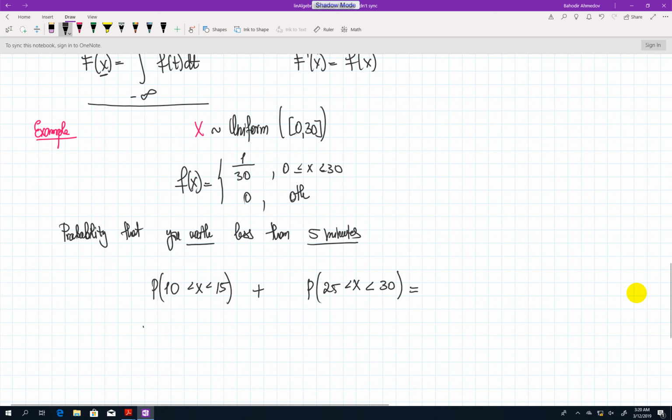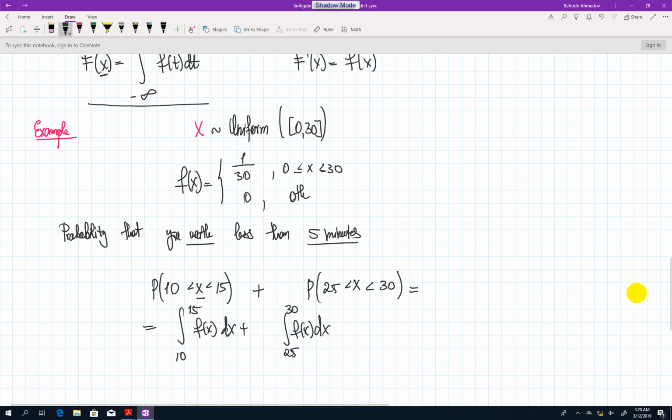So what will be the probability that x is between 10 and 15? This is the integration of the density function between 10 and 15, plus the integration of the density function from 25 until 30.